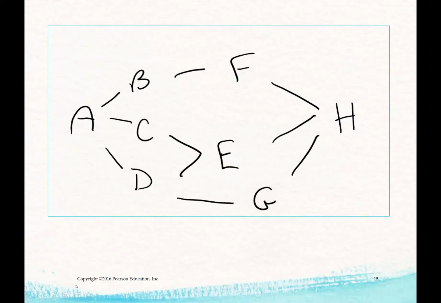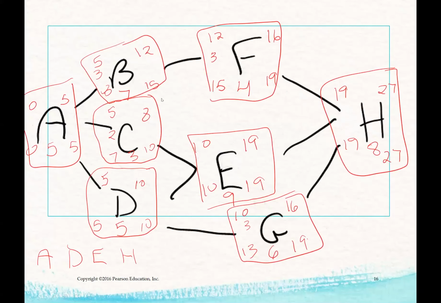We're figuring out what our critical path is, doing a forward path and a backward path. Our critical path is all of those activities that have no float. So A has no float, D has no float, E has no float, and H has no float. Our critical path is A, D, E, H.